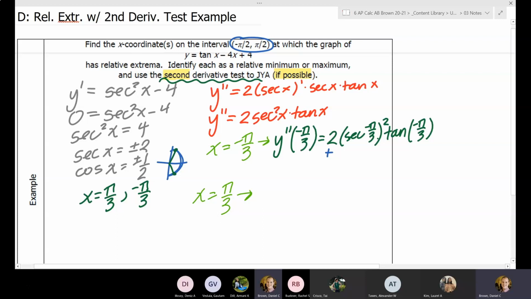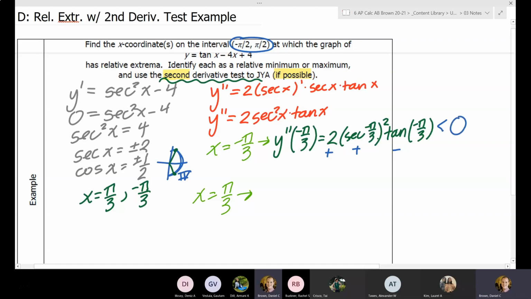Who cares what the secant of negative pi over 3 is? Because when I square it, it's going to be what? Positive. And then I have the tangent of negative pi over 3. Well, negative pi over 3 was in quadrant 4. Tangent in quadrant 4 is positive or negative? Negative. So tangent is negative. So I see that the second derivative is less than 0.